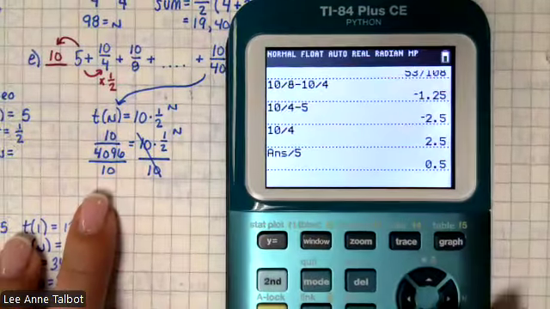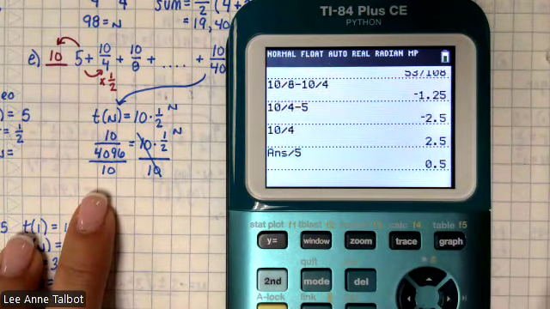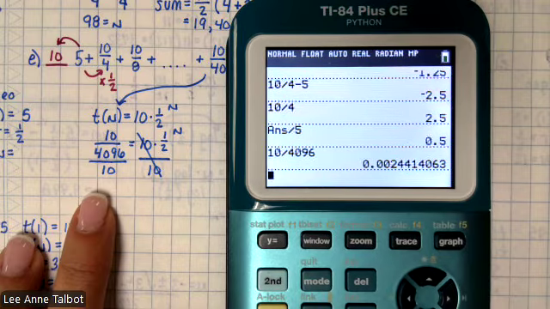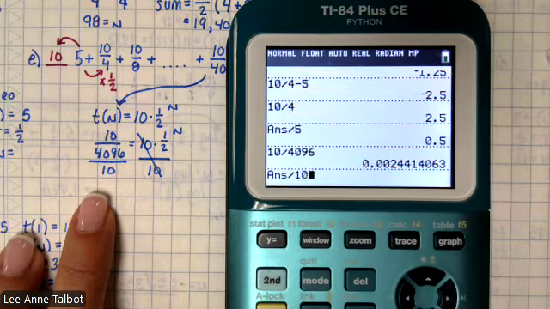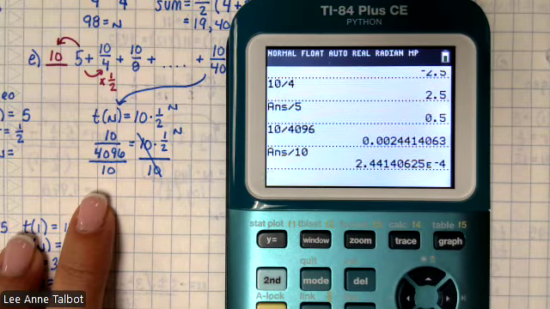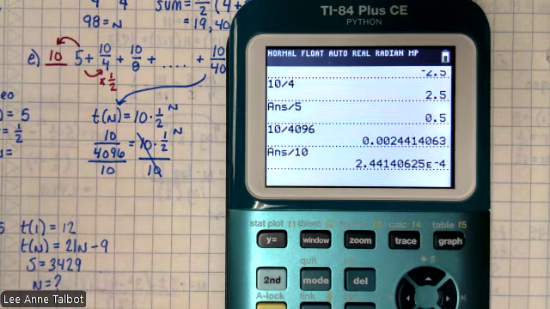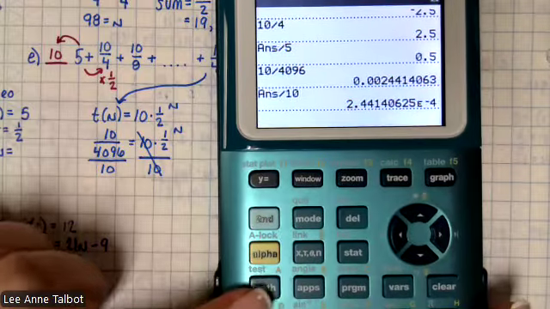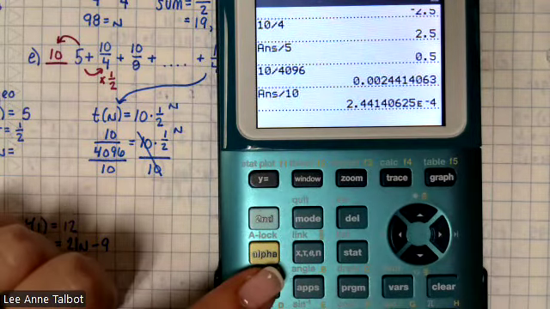Normally I would go to a decimal here because you're going to log anyway. However, take a look at what this does. So 10 divided by 4096 divided by 10. That's really gross. Okay, what I want to remind you all of is the math enter.